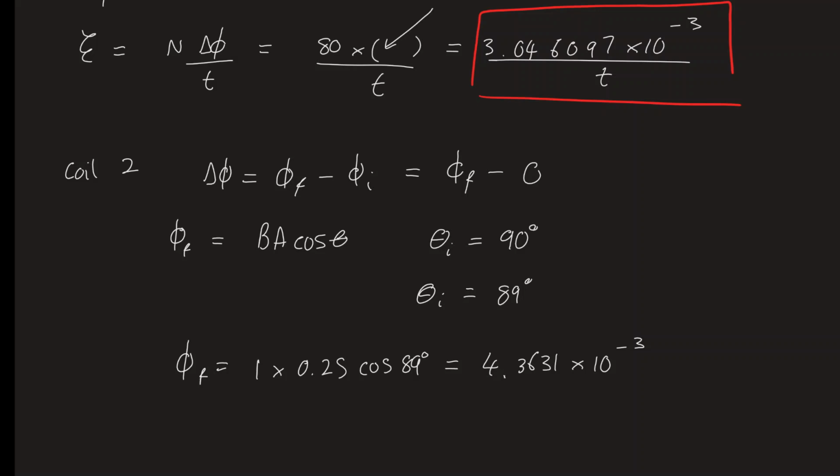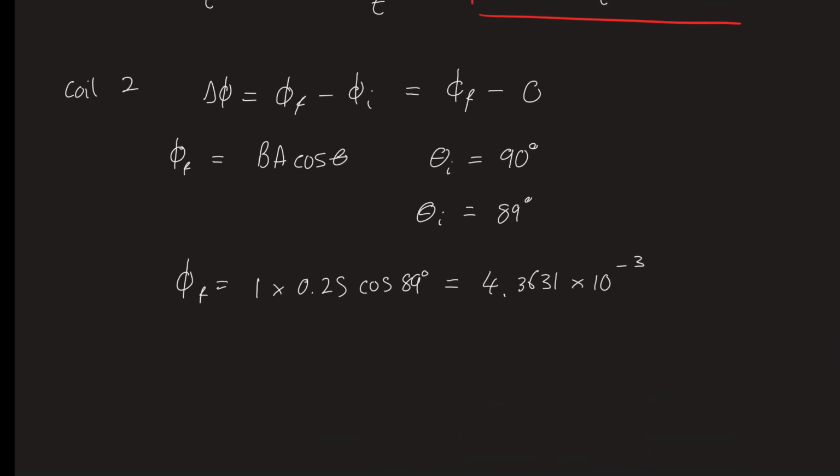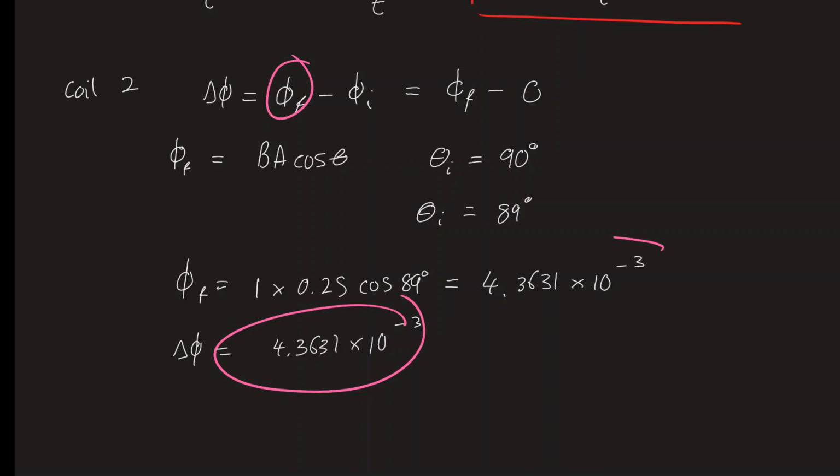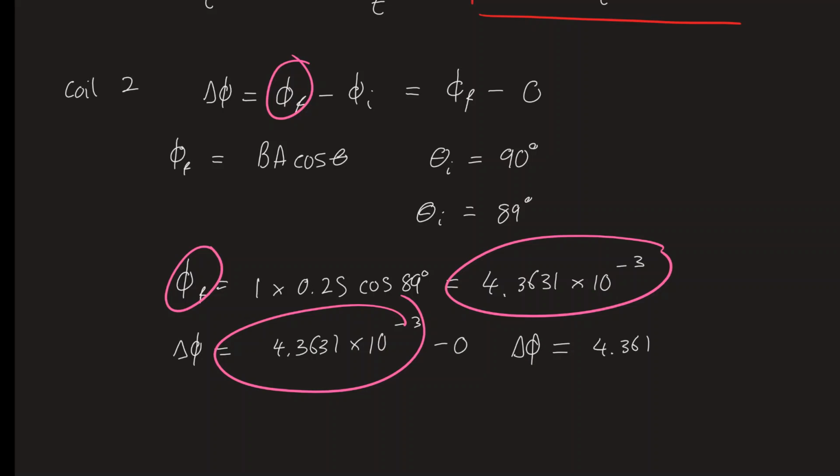Now we can calculate the change in flux. So delta phi is 4.3631 times 10 to the minus 3. Right, that's our final flux. And we need to take 0 away from that. So we know delta phi is 4.3631 times 10 to the minus 3.